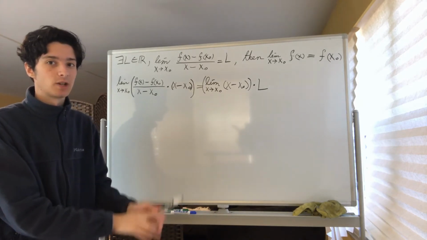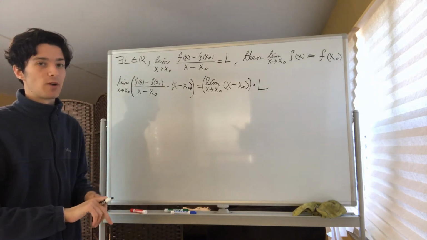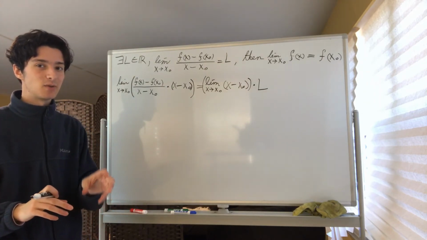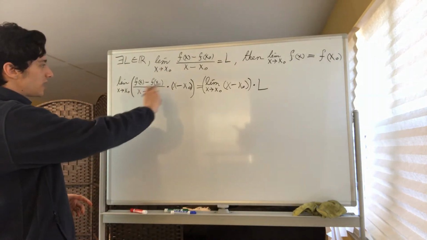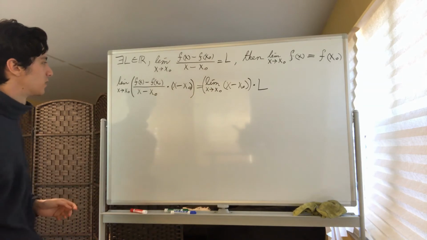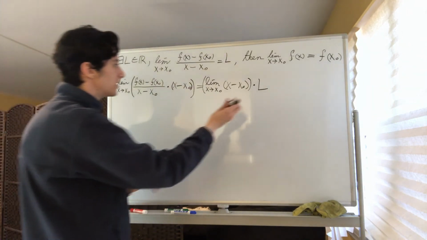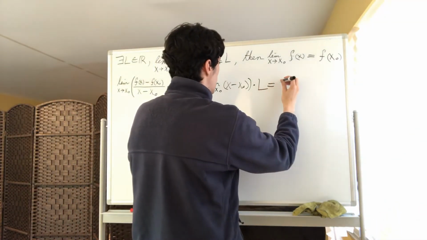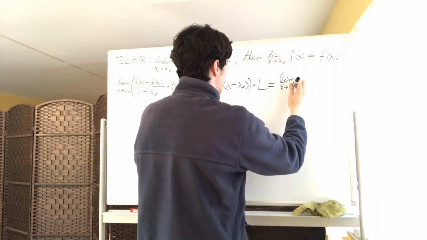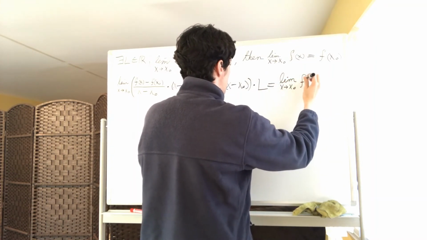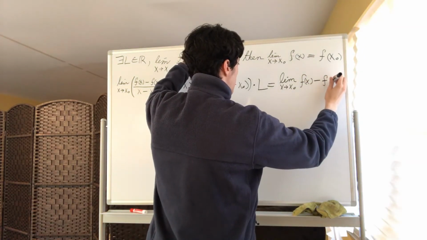If you look at our limit definition, which I'll link below, right, we have 0 is less than the distance between x and x naught. So we can actually cancel these terms out, since x doesn't have to be equal to x naught. So really, this is also equal to the limit as x approaches x naught of f of x minus f of x naught.